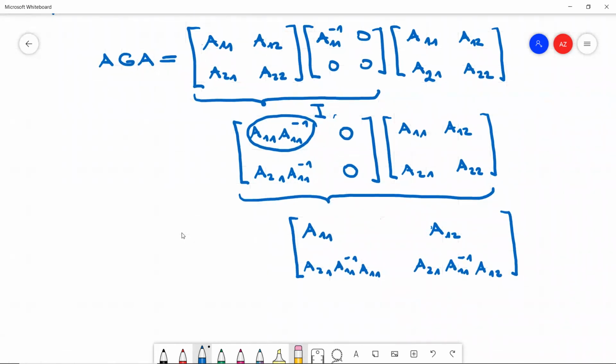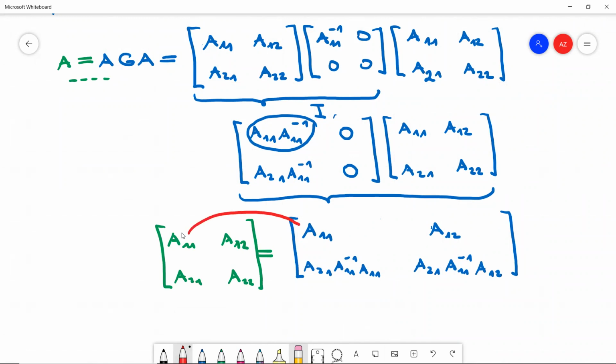And let's recall what we want to show. We want to show that this is just A. So we are proving that this is just A. If this is true, then this computation, this matrix, should be equal to A, which is A11, A12, A21, and A22. And now we compare the corresponding entries.